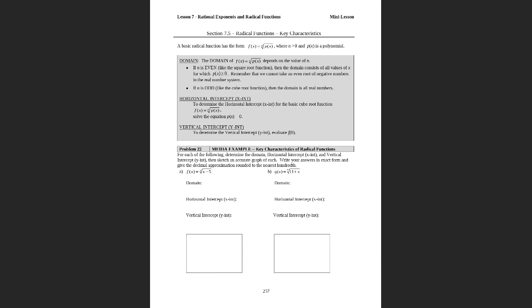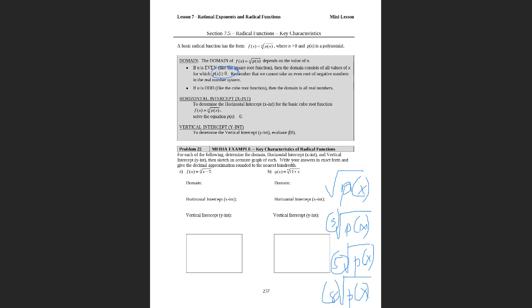So we could have a square root of p of x, a cube root of p of x, a fifth root of p of x, an eighth root of p of x, right? Because these are n's. Now, for the domain, when it's even, remember, it's p of x is greater than or equal to 0.